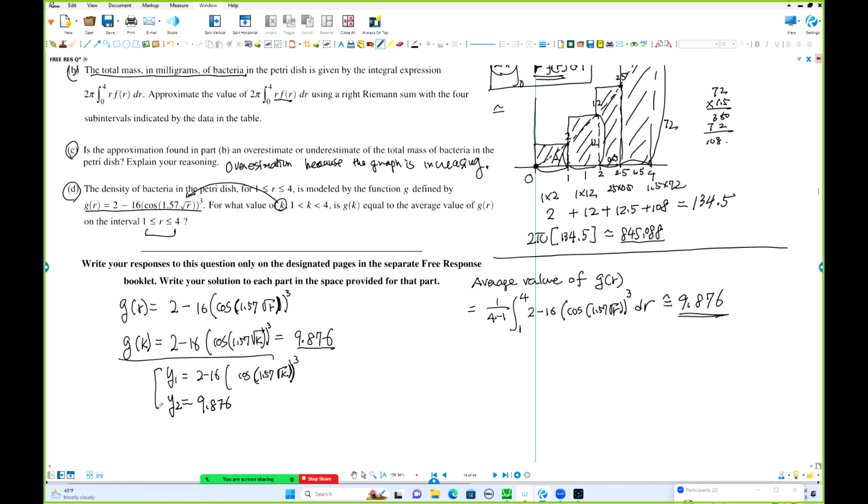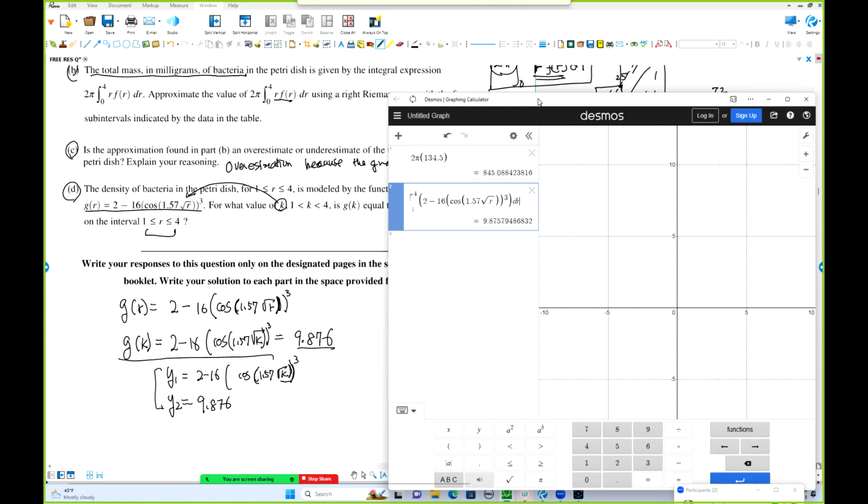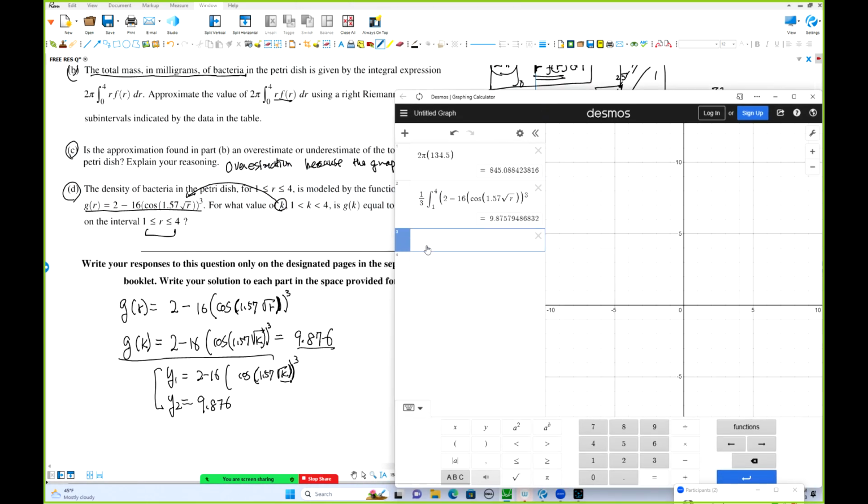9.876. So we're gonna find the intersection to find the value of k. Oh, this is a little complicated. Okay, now let's find the graph over here. y equals 2 minus 16, cube, right?